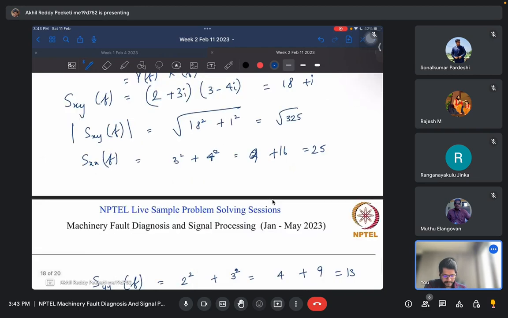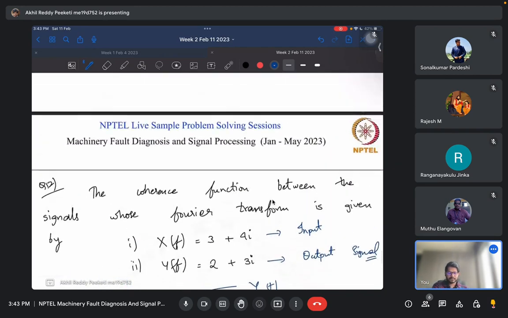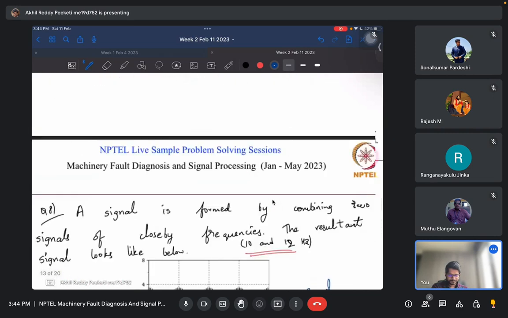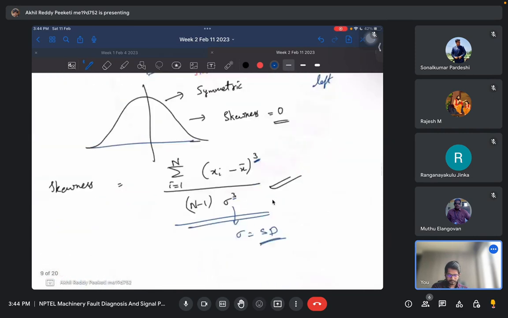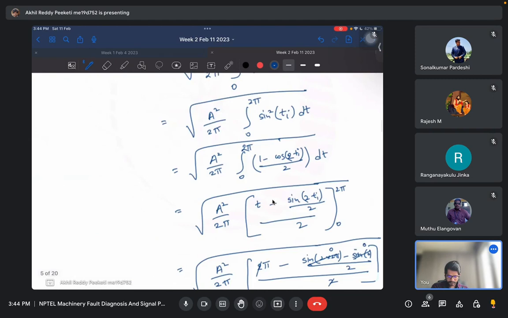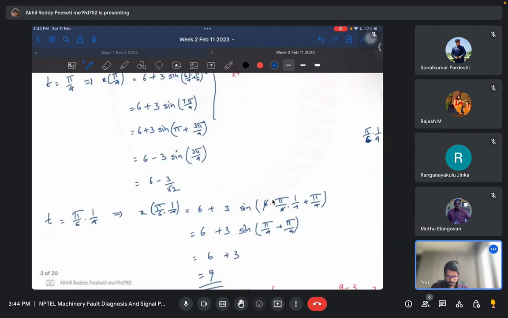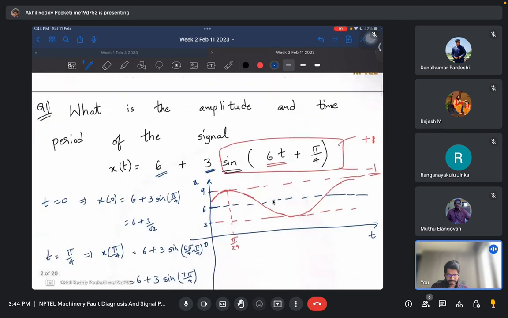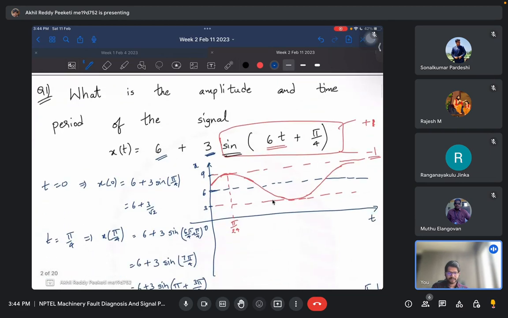Any doubts till the point which we discussed in this class? So we started from how you can define the amplitude and time period if a signal is given, a sinusoidal or a cosine signal.